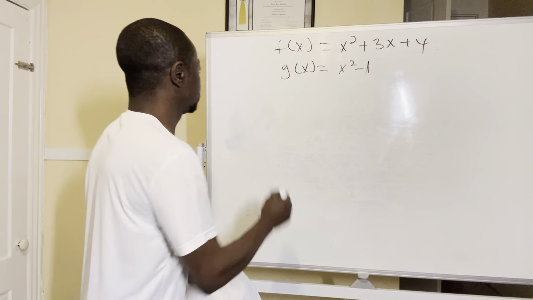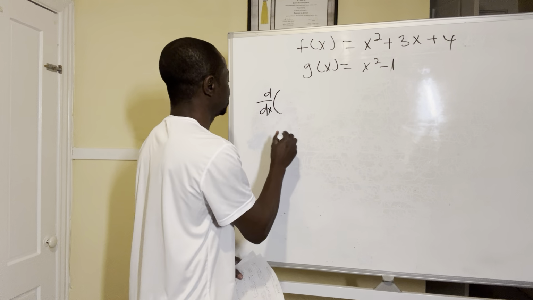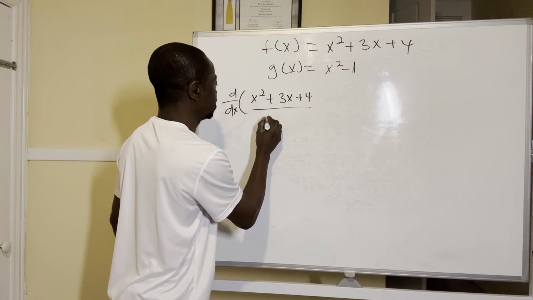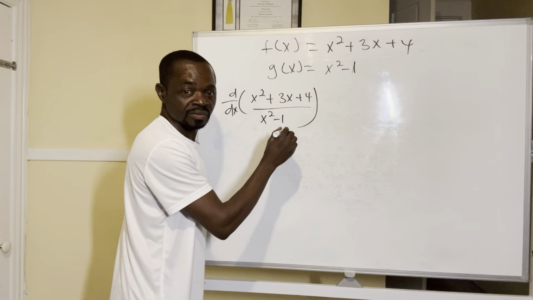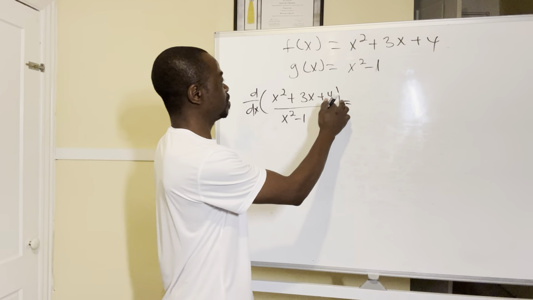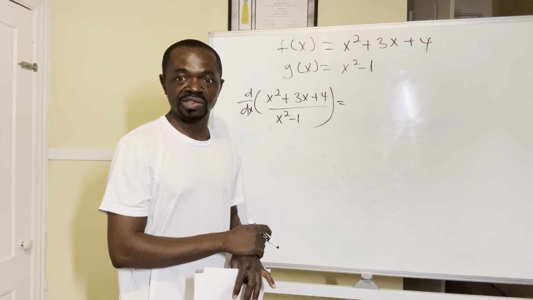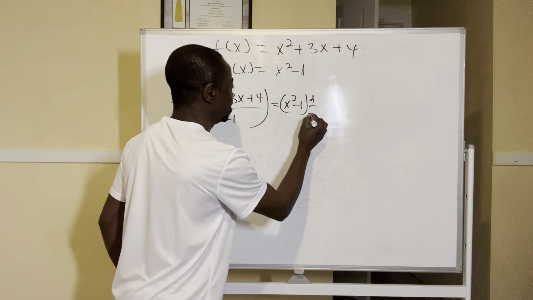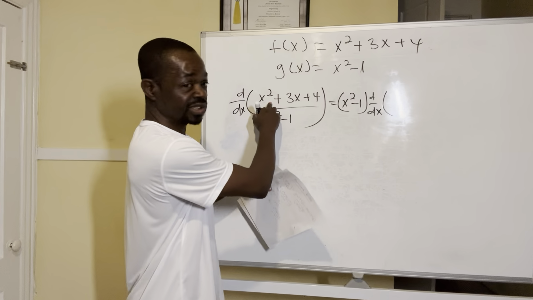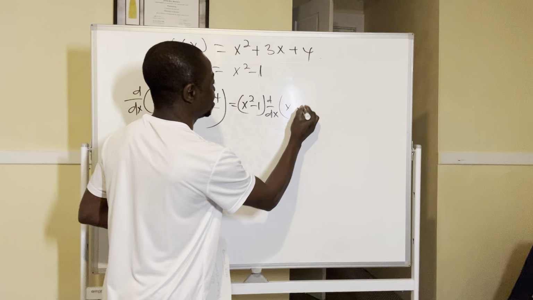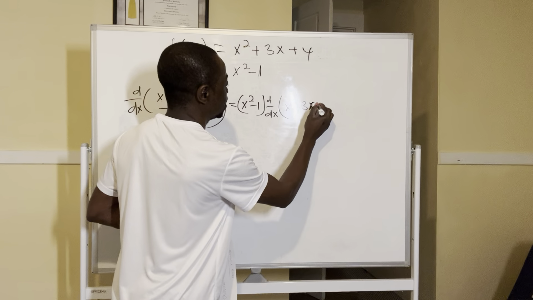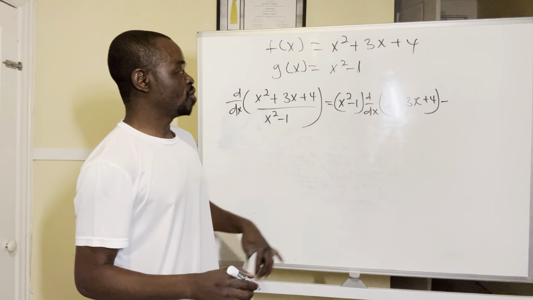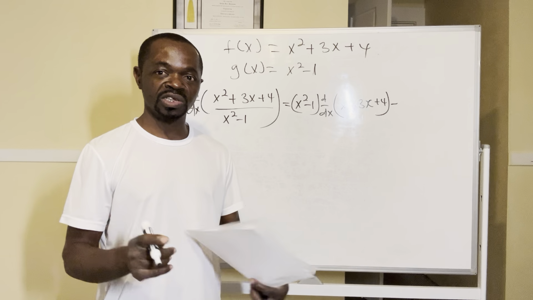Alright, so now let's apply the formula. Our question is d/dx of (x squared plus 3x plus 4) all over (x squared minus 1). Here we're going to hold our g of x as constant, then we differentiate our f of x. So x squared minus 1 as constant, then we take the derivative of f of x, and f of x is x squared plus 3x plus 4, then minus, we hold our f of x as constant, then we differentiate our g of x.